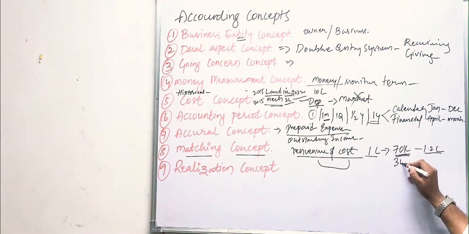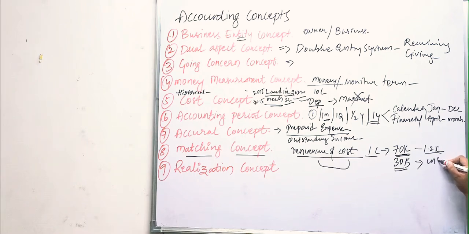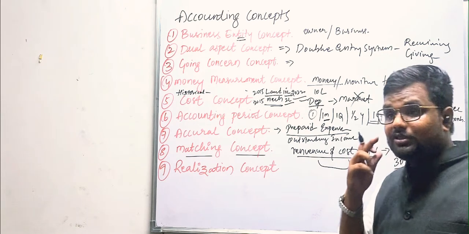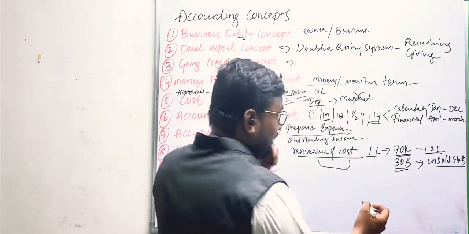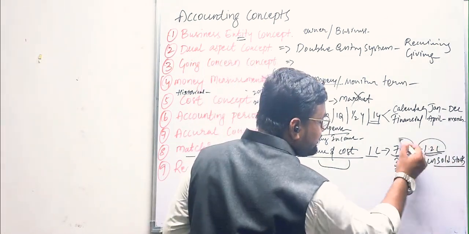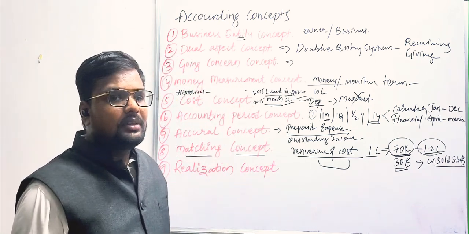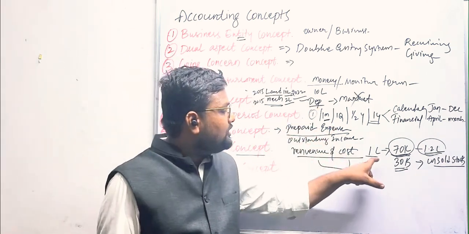The remaining 30,000 rupees of goods will be shown in the unsold stock. And the revenue of 1.2 lakh, the cost of 70,000, that should be matched, not this 1 lakh.